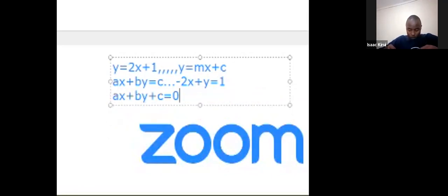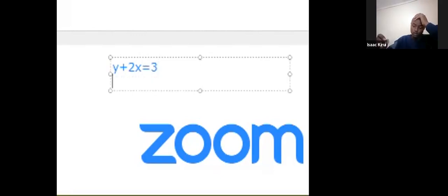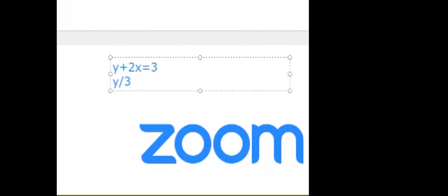We divide everything by 3, so that we have y divided by 3 plus 2x over 3, that is x divided by 1.5, is equal to 1. Are you together?